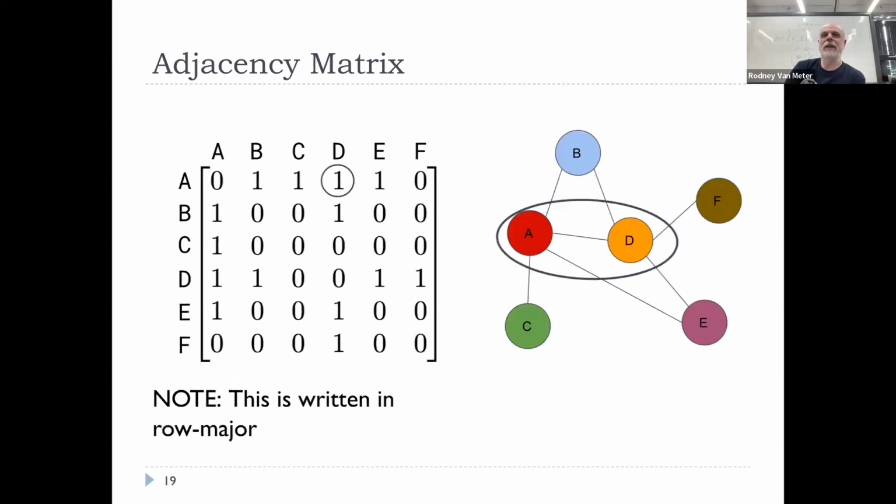And you can see in this case that A is connected to D, but also D is connected to A. We've circled the 1 in the top row, but if you look in the left-hand column, there's also a 1 in that same place, because these edges are symmetric. So if A is connected to D, then D is connected to A.